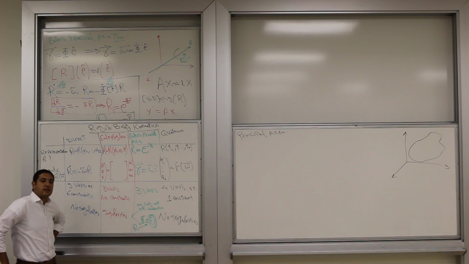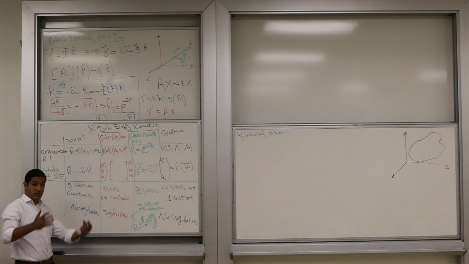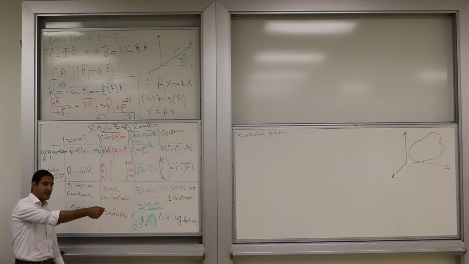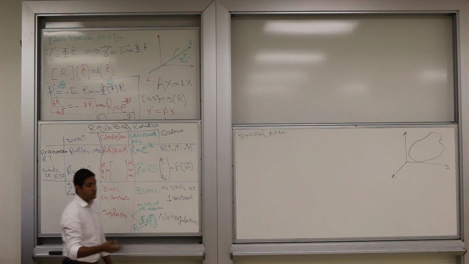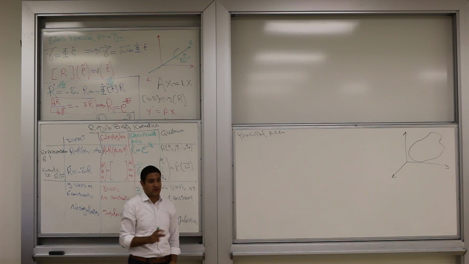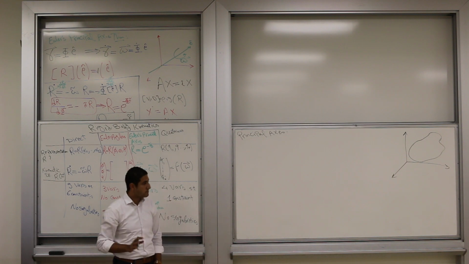What is the ability to oppose translational motion? Why is it harder to move a particle or body in a translational motion? Why is it harder for a body than another body? Mass. Exactly, mass. For a translational motion it is the mass, right? Because F equals mass times acceleration. If you want to exert the same acceleration for a larger mass, you need larger force, obviously, right? This is for translational motion. What about rotational motion? For rotational motion, it's not the mass in particular. It's the moment of inertia, right?